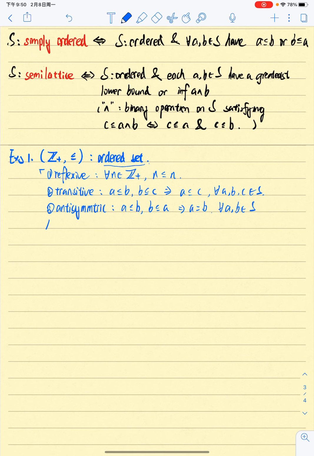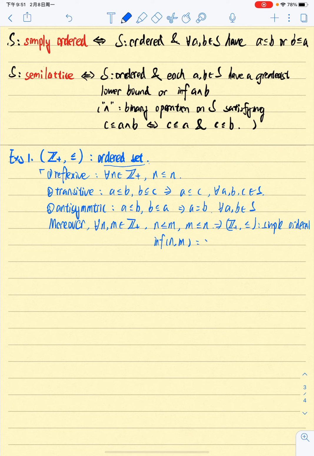Moreover, this is simply ordered, because for every element N and M, either N is smaller than or equal to M, or M is smaller than or equal to N. And this is a semi-lattice, because for every pair N, M, there must be the greatest lower bound.